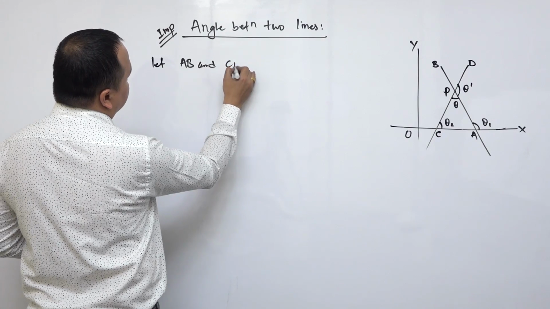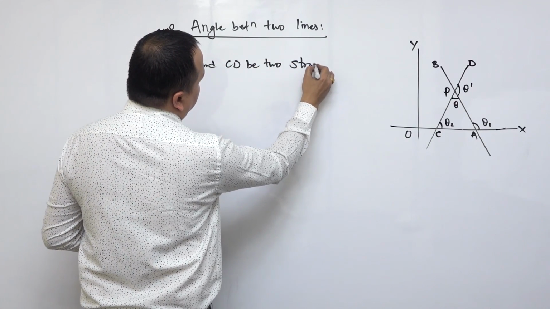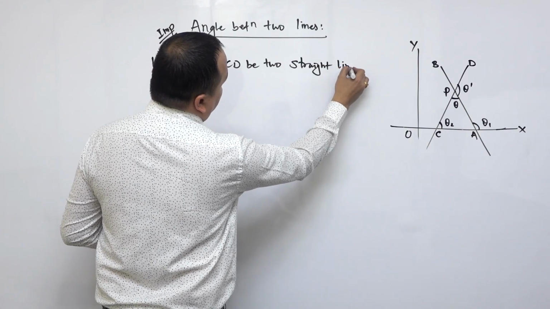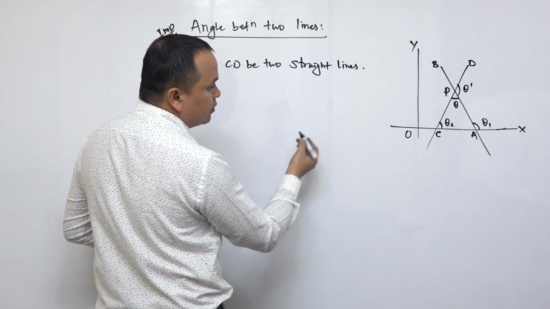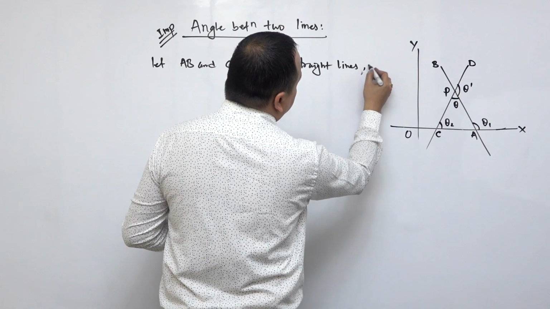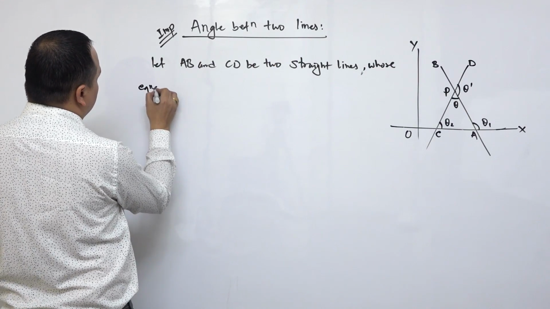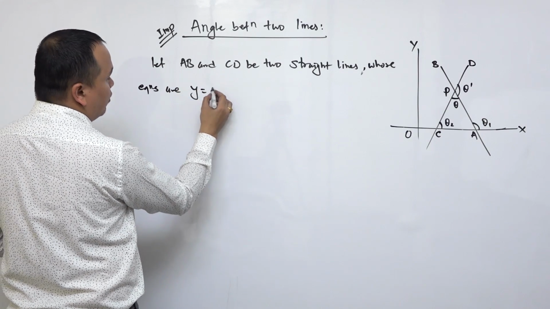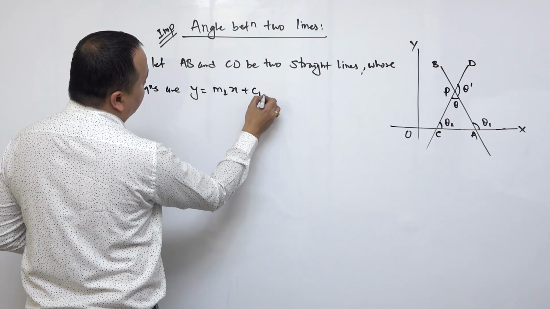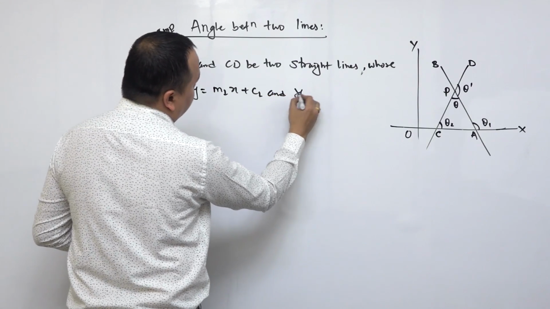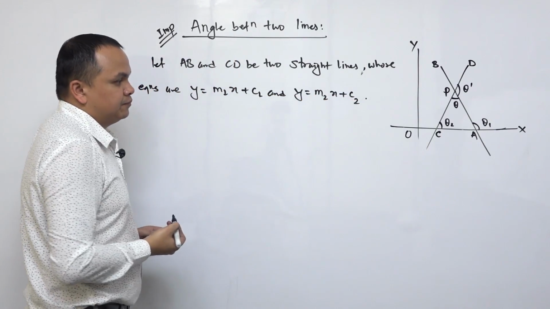Let AB and CD be two straight lines whose equations are y is equal to m1x plus c1 and y is equal to m2x plus c2.